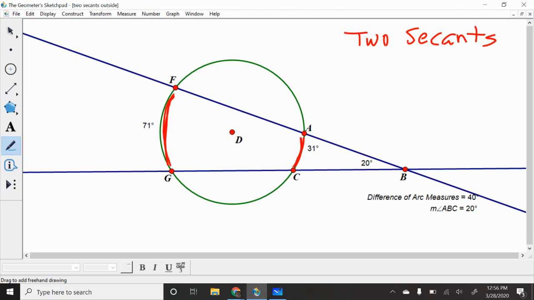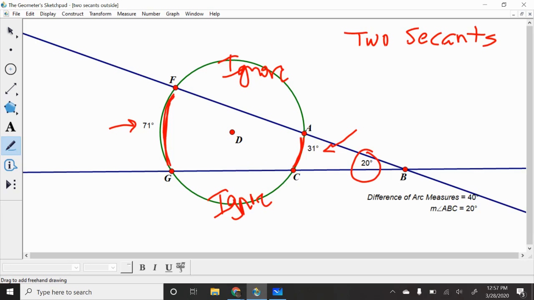Now, to find this angle that's on the outside for two secants, you do basically the same thing, but you ignore these arcs on the outside. We're going to pretend they're not there, and we're only going to look at this arc 71 and this arc 31.